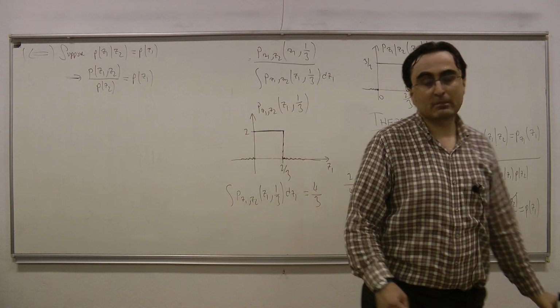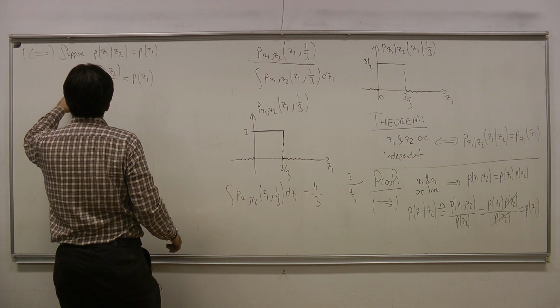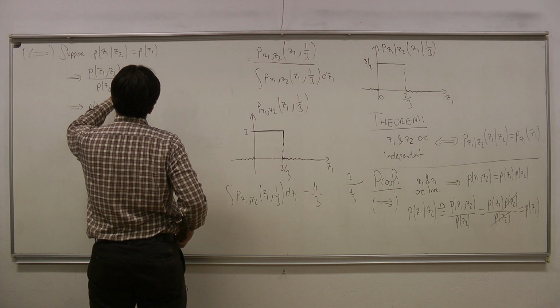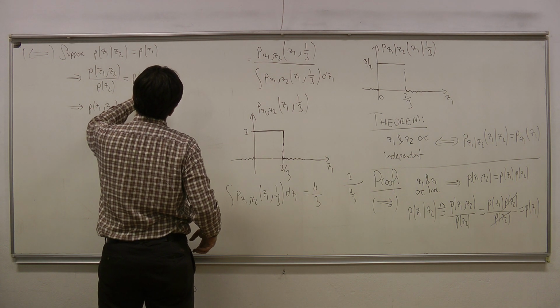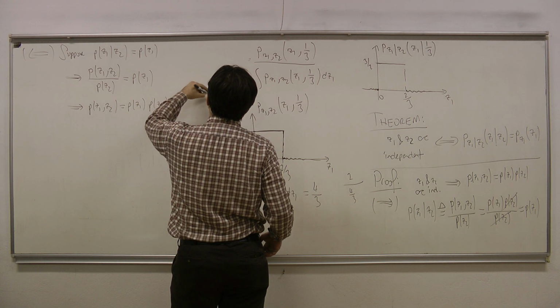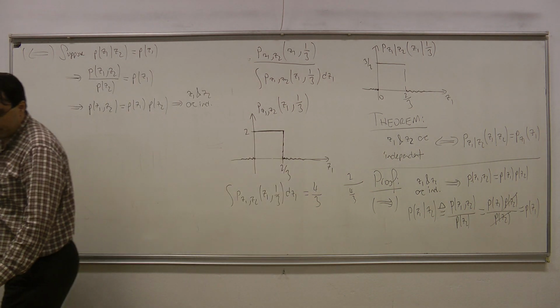And taking P(Z2) to the other side would give me P(Z1, Z2) is equal to P(Z1) times P(Z2). This means that Z1 and Z2 are independent.